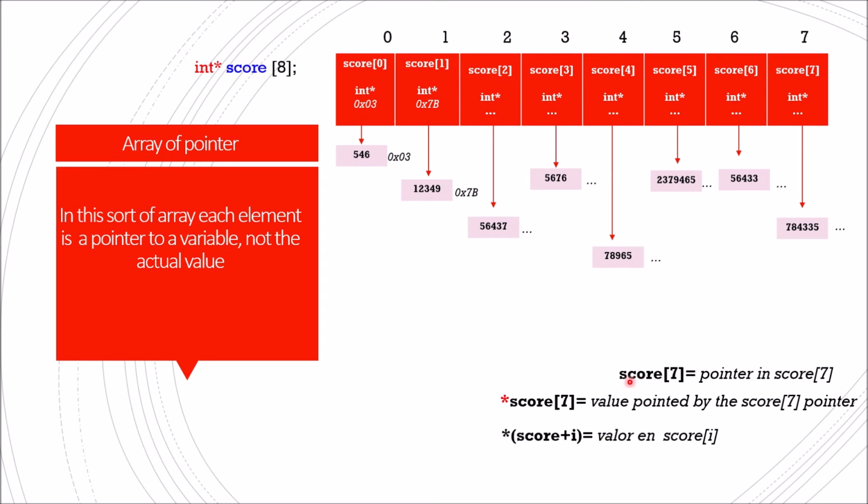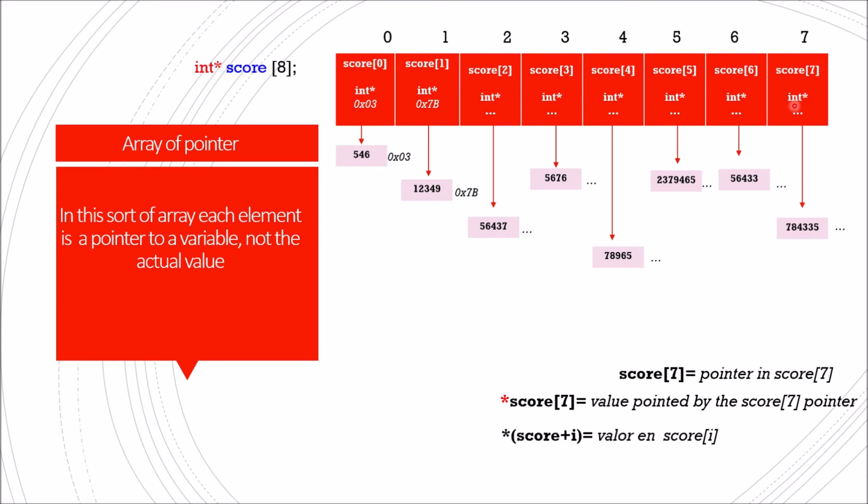And remember, score and this index means the element within this position in the array. So score at index 7 will mean that this is the element inside here, which is what? An address to memory, because it is a pointer. However, I need the actual value most of the time.